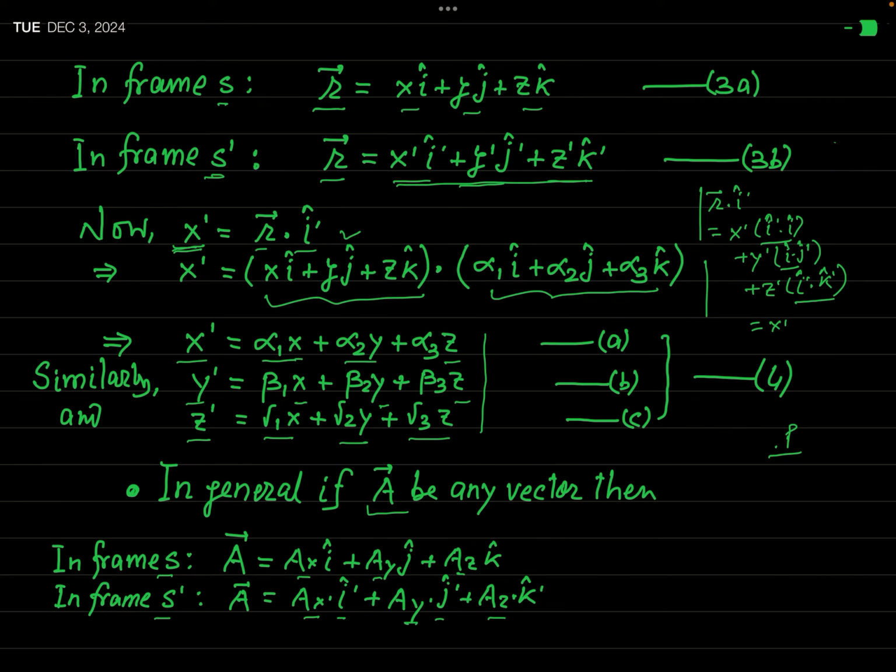Actually, as the components x, y, z and x', y', z' of position vector r are related together, in the same manner, on the same line, you can relate the components of vector A in one coordinate system with the components of the same vector A in another coordinate system. It means if you know Ax, Ay and Az, you can find the values of Ax', Ay' and Az' in the same manner.